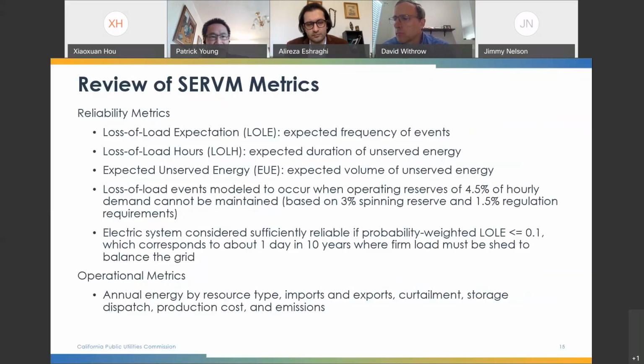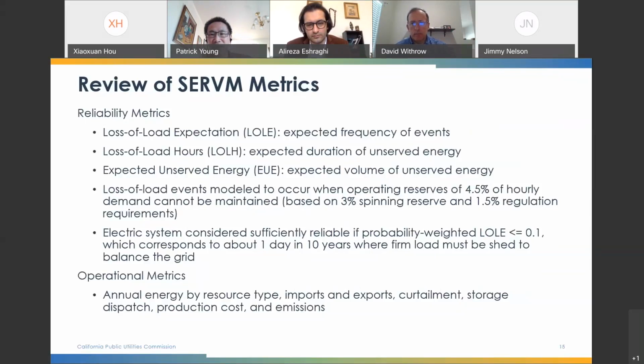Before we show results, I just wanted to refresh the audience on some definitions of the output metrics from SERVM. So first, the reliability metrics. We've got loss of load expectation, which characterizes the expected frequency of events. Loss of load hours characterizes the expected duration of these events. Expected unserved energy is the expected volume in megawatt hours of unserved energy.